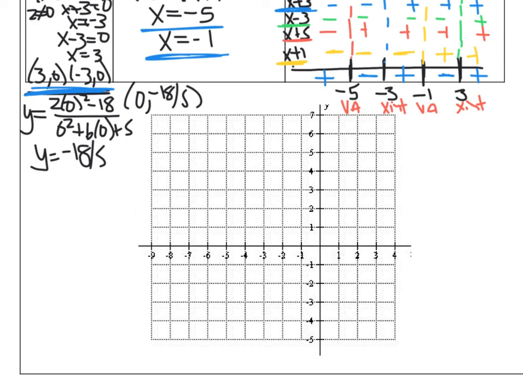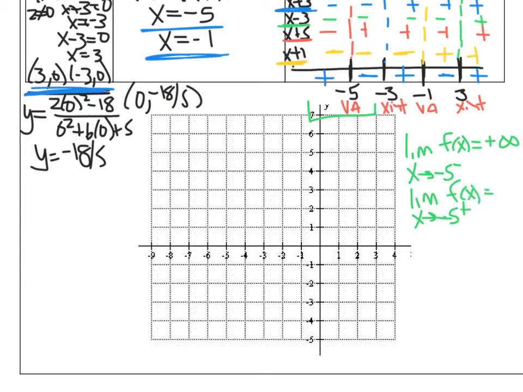So let's do our vertical asymptote analysis. So I'm going to start with negative 5. So I'm looking right here. Limit as x approaches negative 5 from the left. To the left of that is positive, so positive infinity. Limit as x approaches negative 5 from the right. To the right of that is negative infinity.